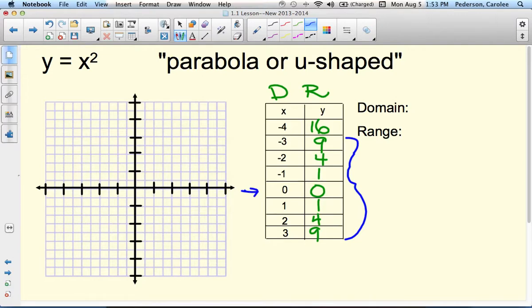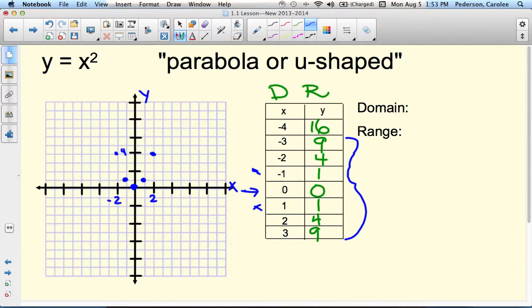So on the x-axis and y-axis, we go over 0, up 0. And then we would go over 1, up 1, and then left 1, up 1. So we just took care of those 2 points. And then we go over 2, up 4, and then left 2, up 4.